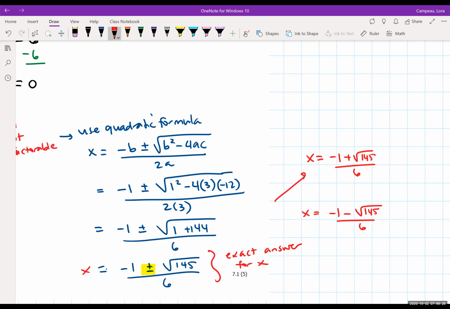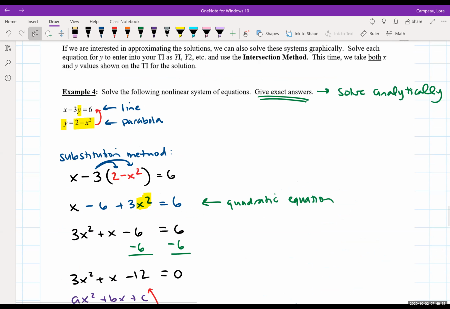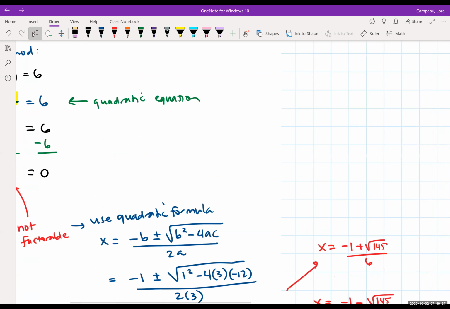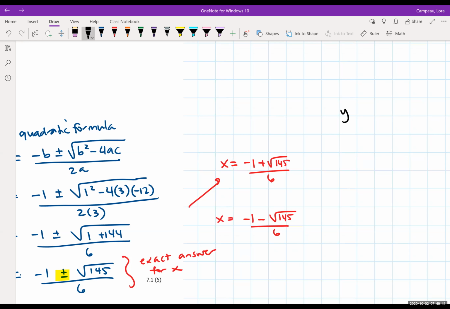Now, if we're needing to find the corresponding y values, we're going to look back to our equation involving the y. That's the other one. y equals 2 minus x squared. If we're going to find the corresponding y for each of our x's, we would need to plug our x values in.